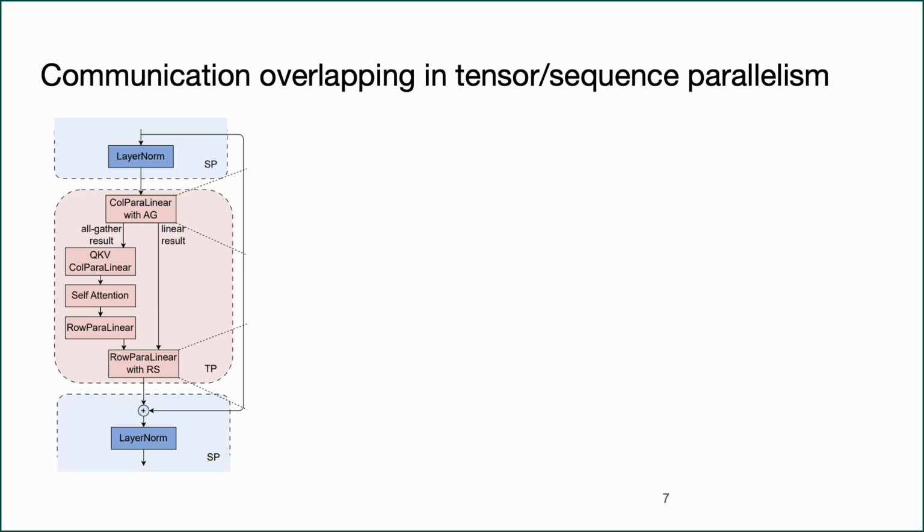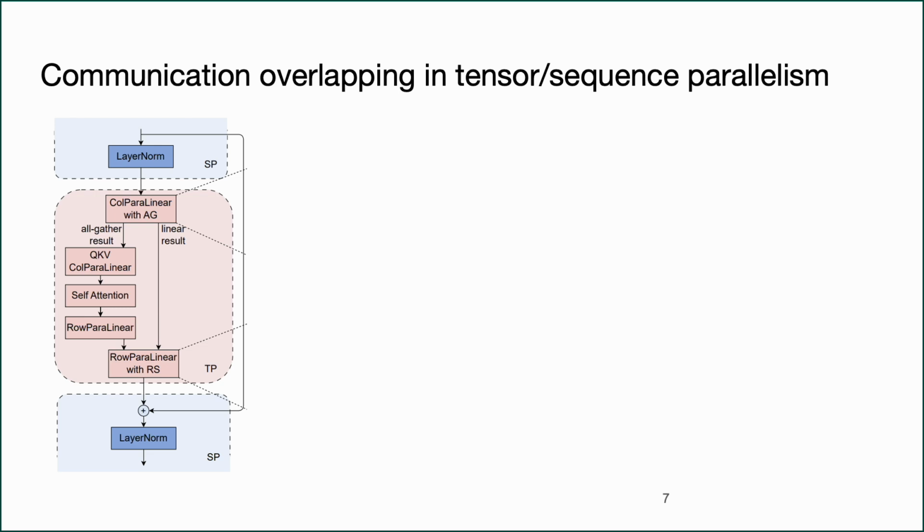Each box is a computation node. You have some layer norms, some matrix multiplication, and so on. What I want you to focus on is there are two matrix multiplications here, called column parallel linear with all-gather, and another called row parallel linear with reduce-scatter.